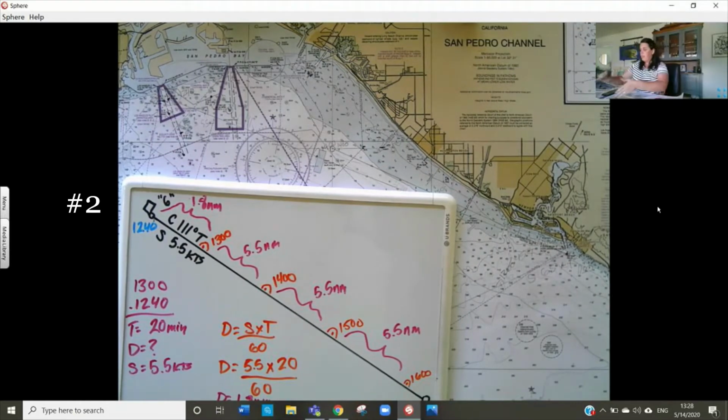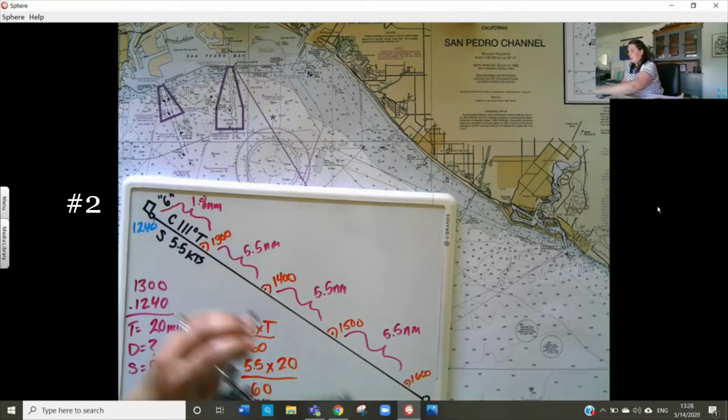So I know it is very long, more than a foot. So I'm going to get 5 nautical miles, and I start at the buoy because I'm getting the total distance from buoy to buoy. So I start at the buoy and walk my way down.